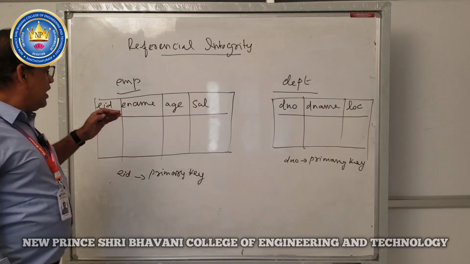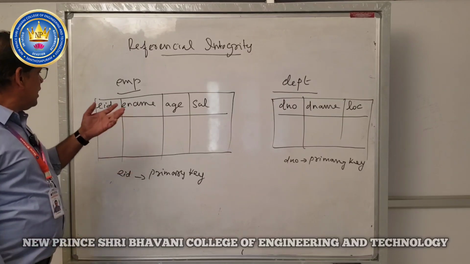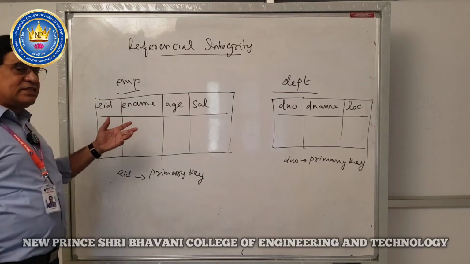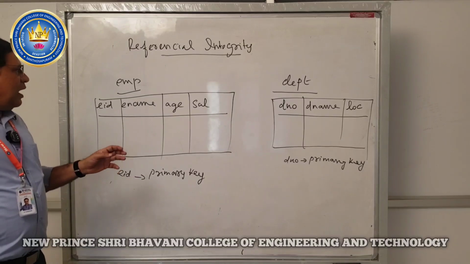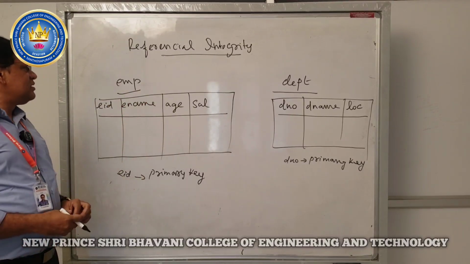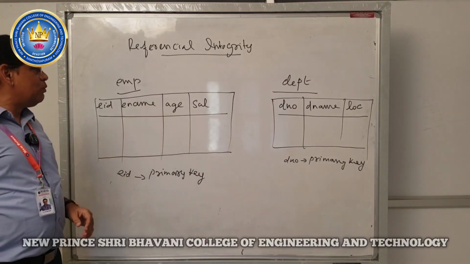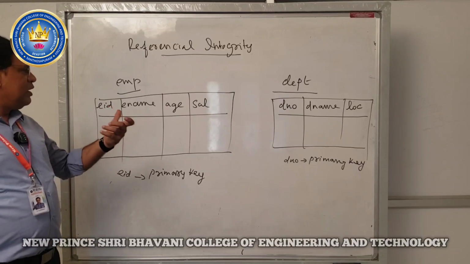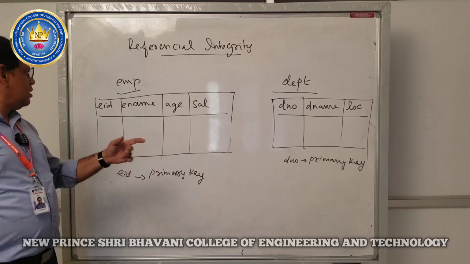In a relational database management system, the tables exist independently, but we have to establish the relationship between the two tables, which means one of the fields must be common.